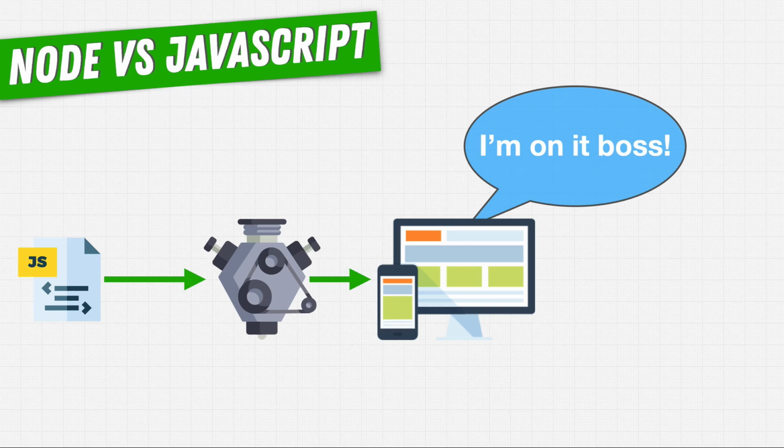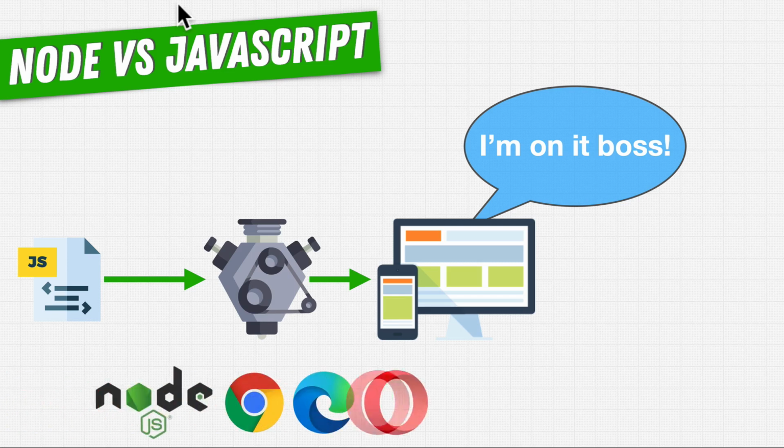Now, this flow applies regardless of how you're running your JavaScript. Whether it's Node.js or Chrome or any of the other browsers, there's always a JavaScript engine reading in your code. In fact, all of these browsers that you see here use Chrome's V8 engine.